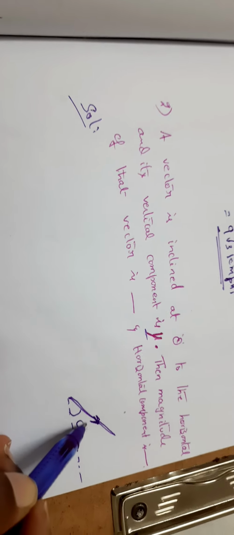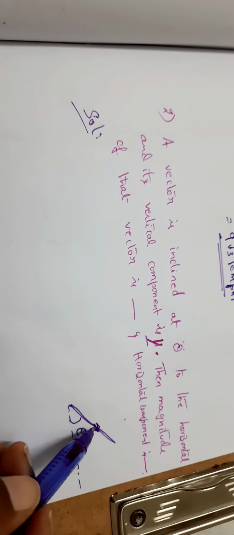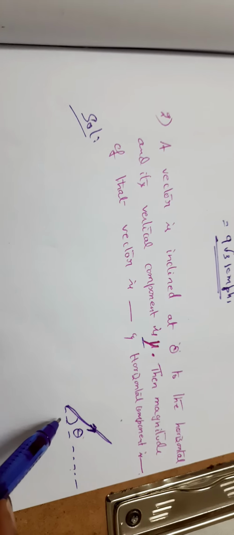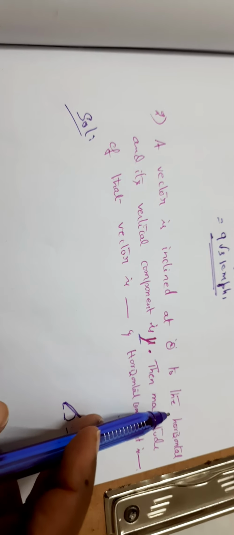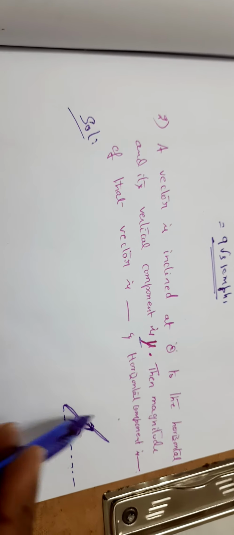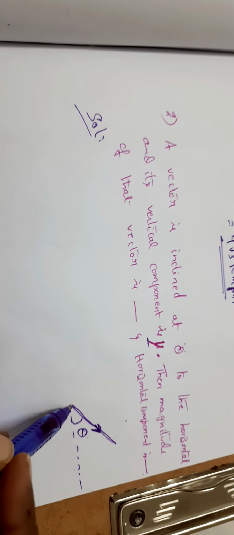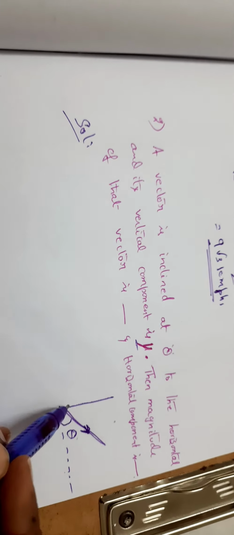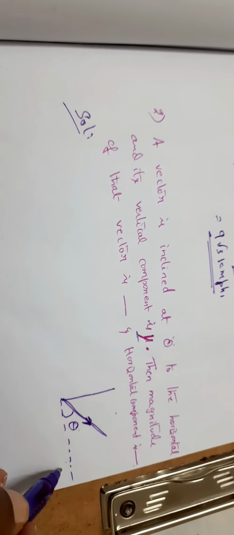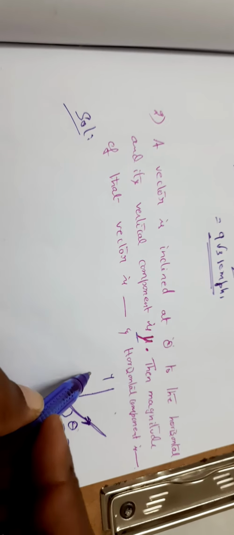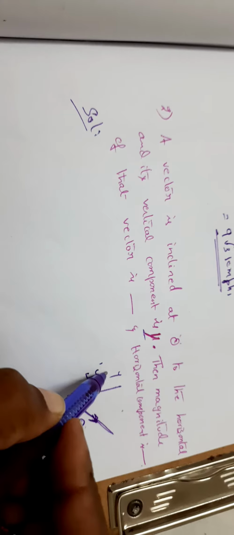Now, what else is given? This vector's vertical component, which is along the y-axis, is y. This is along the x-axis.